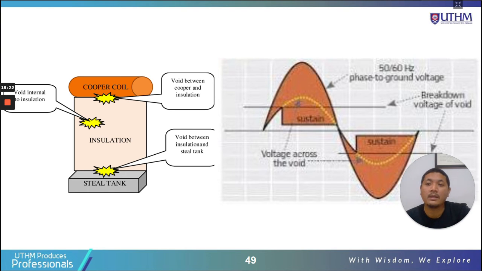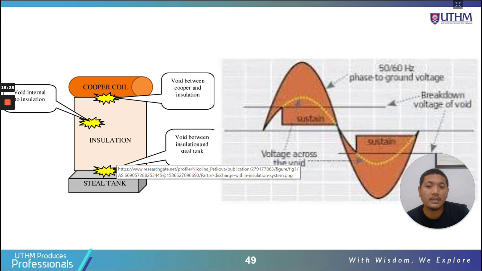If we have, for example, a gas bubble in the insulation, in the oil, partial discharge can happen here. We have a void between insulation and steel tank. For example, if the gas bubble stays here, or latches on the surface of the tank, the PD will happen there, right?